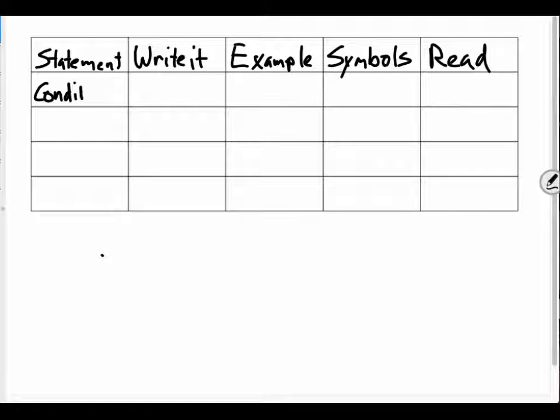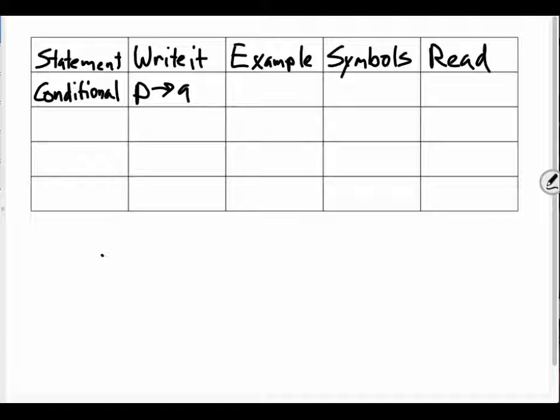So the conditional statement is the first thing that we just did. All right. And how to write it, basically we're going to say P implies Q, where P is the hypothesis and Q is the conclusion.